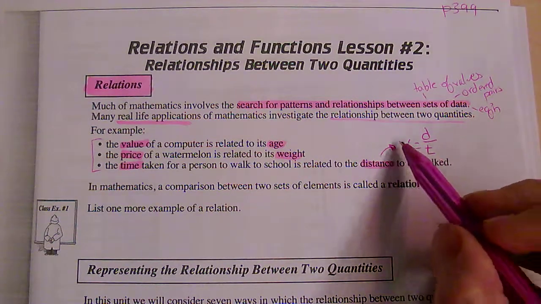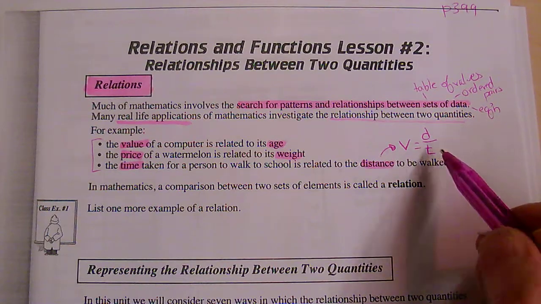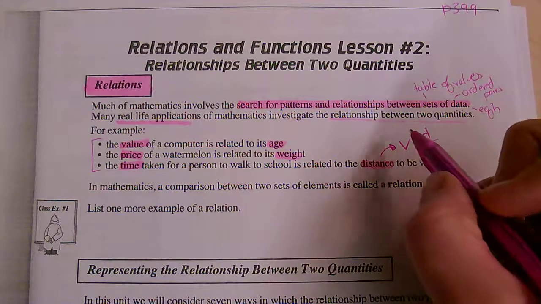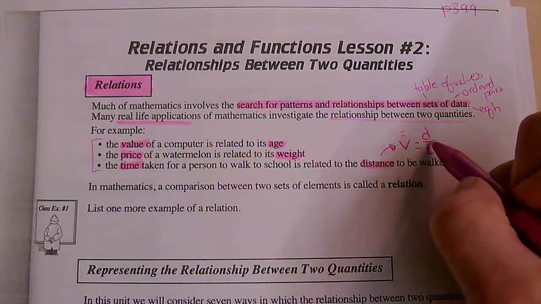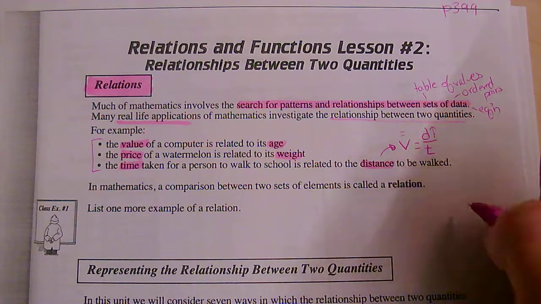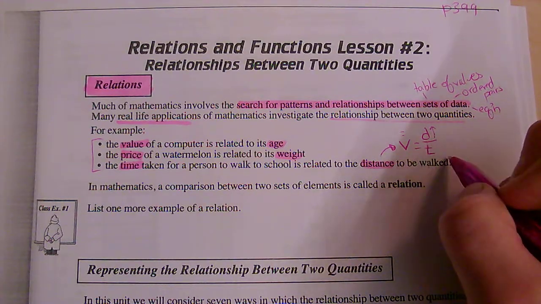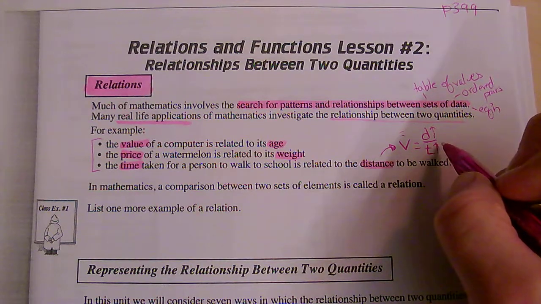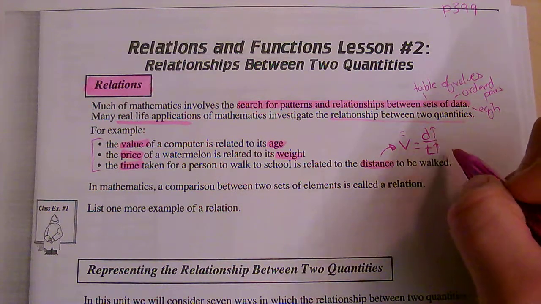Okay, so that's a relationship there. So if your velocity stays equal, but you increase your distance, well then it's going to take you more time. Or if you decrease, etc.